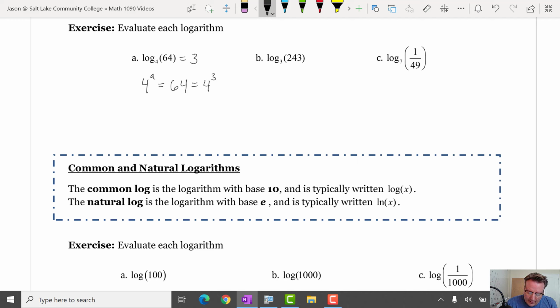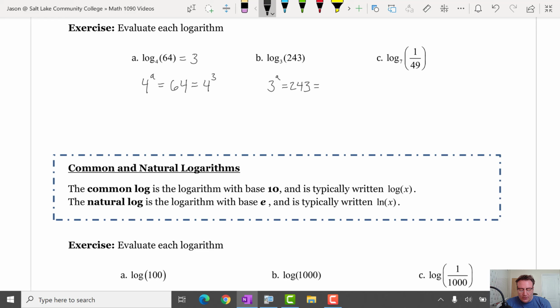Next one, I want to answer 3 to what power is equal to 243? Well, this one you probably don't know, but it's good to learn a couple of these lower powers of like 2. In this section of the course, it would be good to learn or maybe memorize a few of the lower powers of like 2, 3, 4, 5, maybe even 6.